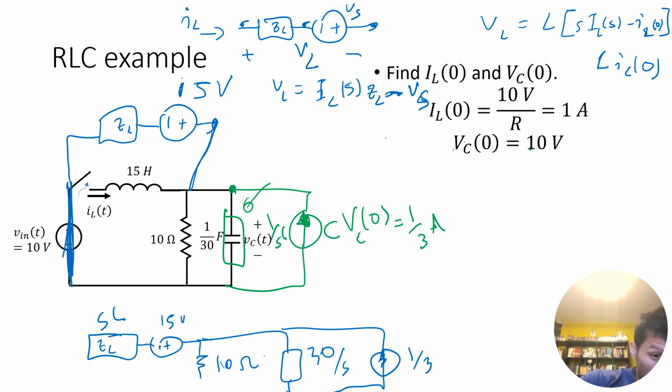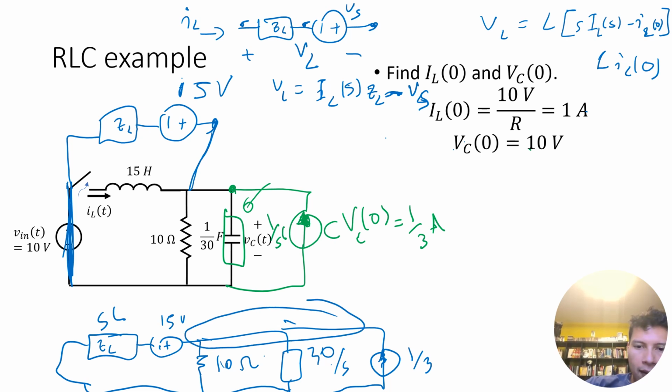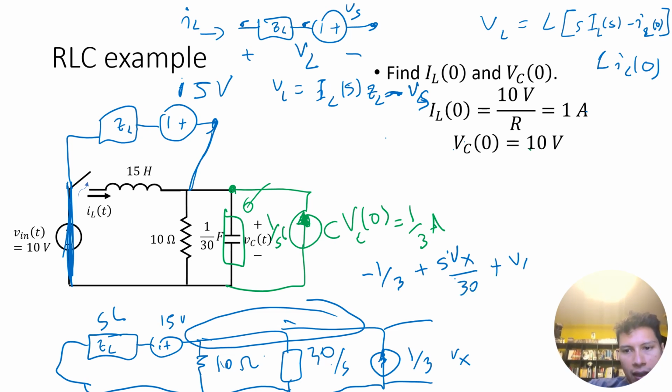So now we just need to analyze this particular circuit, and then we're going to be done. So let's say we were to apply KCL here. We're going to have negative 1 over 3, and I'm going to call this Vx, plus S Vx over 30, plus Vx over 10.